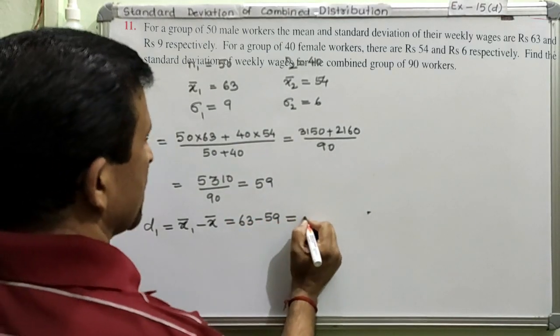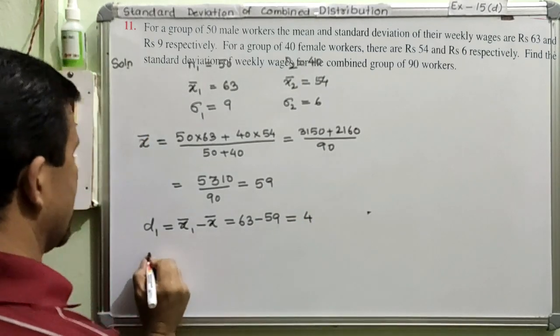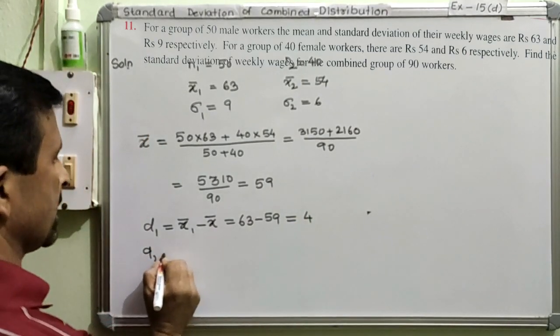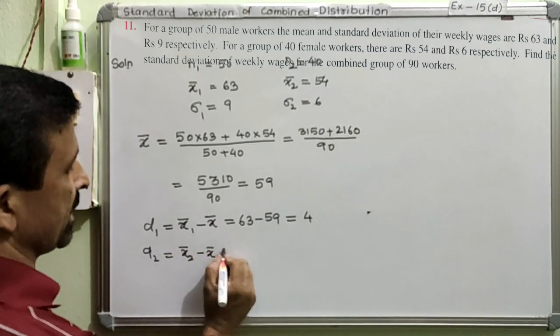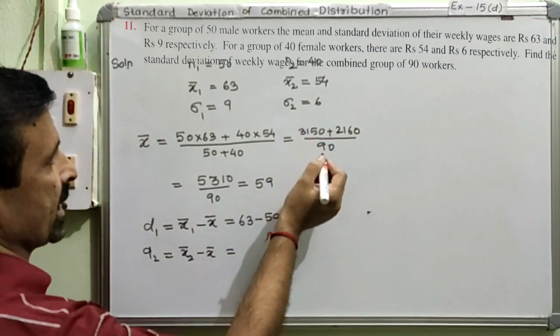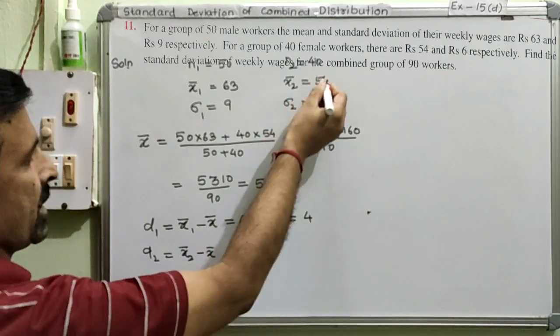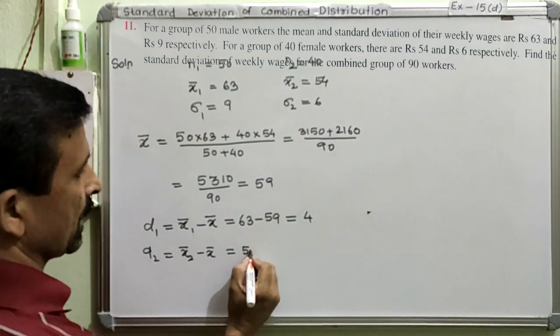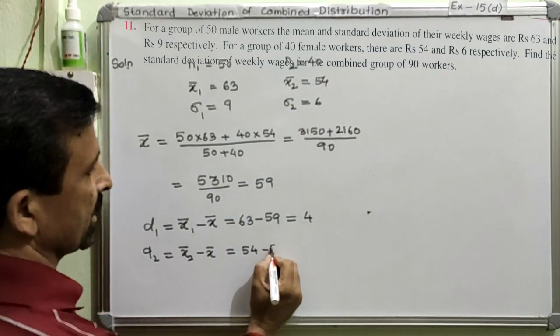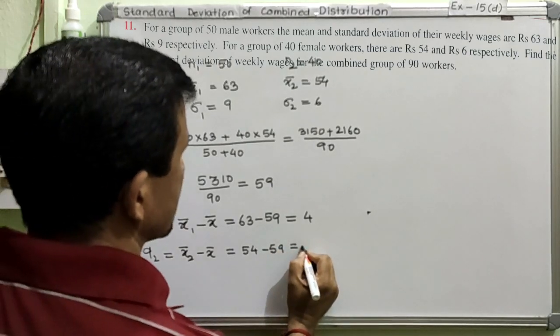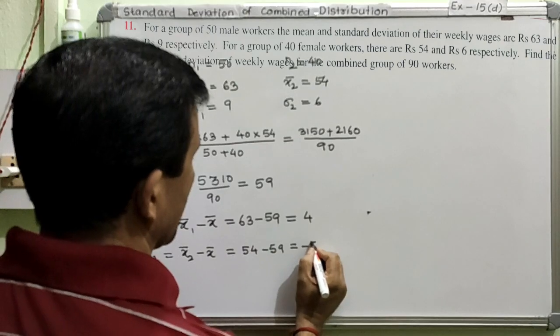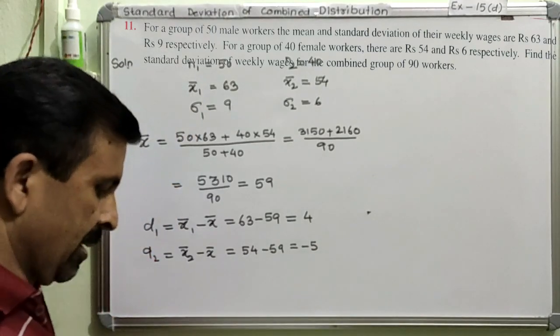So this will come 4. And now D2 is equal to x2 mean minus x mean, x2 mean is 54 minus 59 is equal to minus 5. Am I very clear?